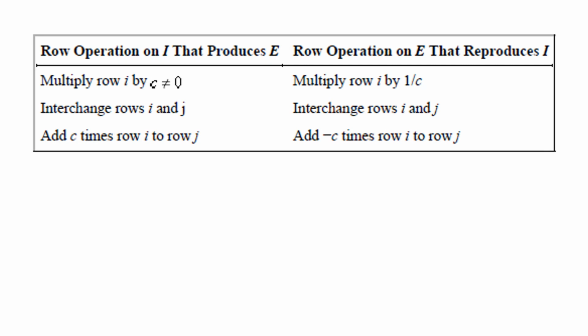The operations on the right side of the table are called the inverse operations of the corresponding operations on the left. So if you have multiply row i by c, which is not 0, then you could multiply that row by 1 over c. If you have to interchange row i and j, you interchange row i and j. And if you have to add c times row i to row j, then you add negative c times row i to row j.